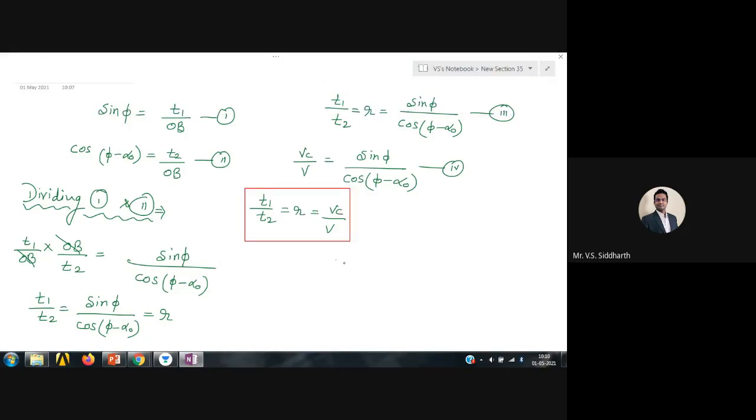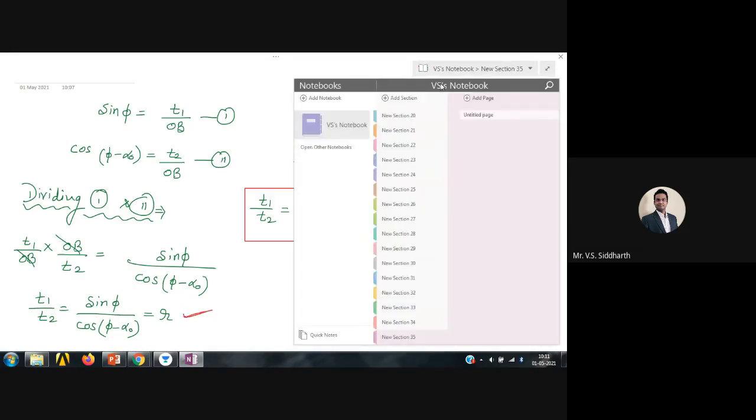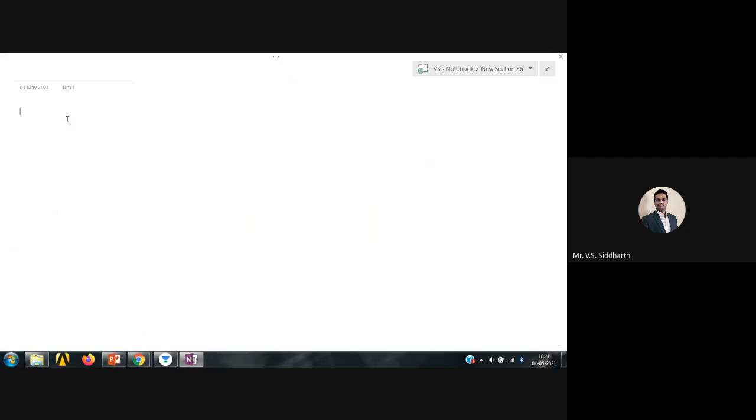Okay. Next, we will continue from here in the next slide. R, that is T1 by T2, equals R equals sin phi upon cos phi minus alpha naught.